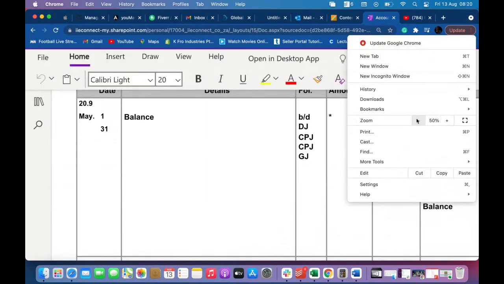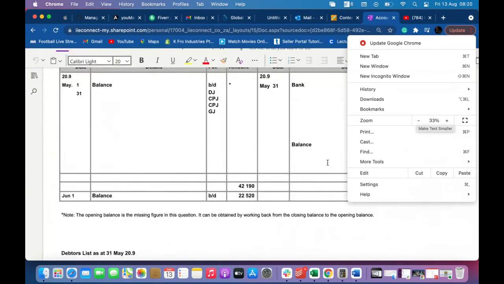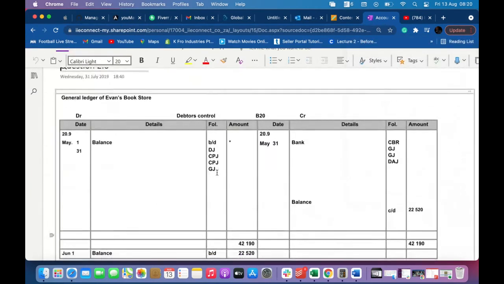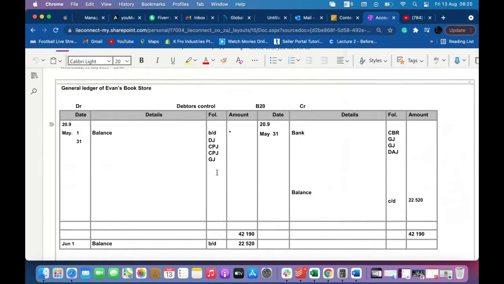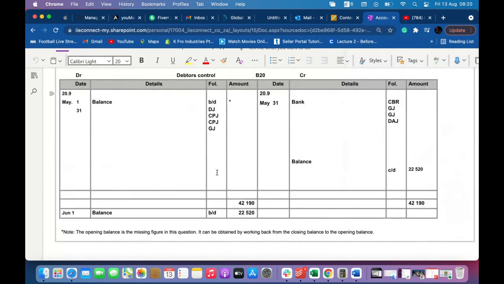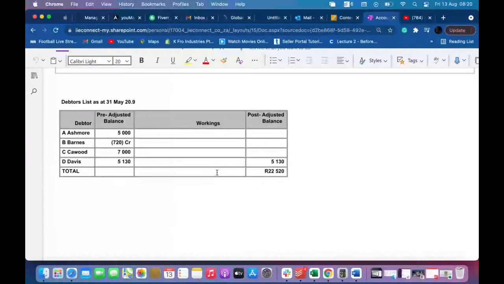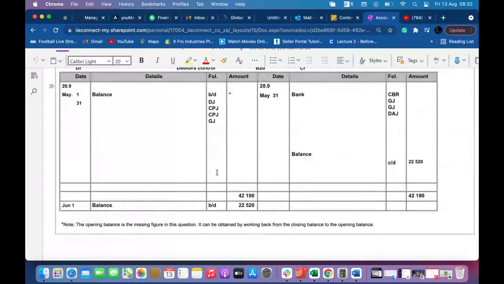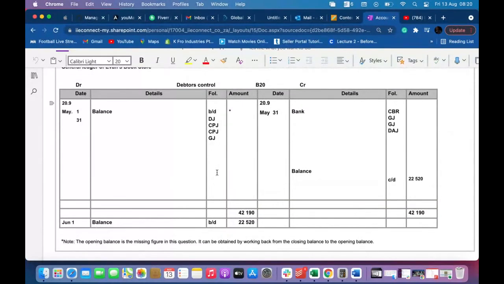Maybe a bit too close. All right, so you can see here we have our debtors control and we have our debtors list. I'm sure you guys have this in your working books as well. So as we go along, we'll be doing the necessary adjustments.